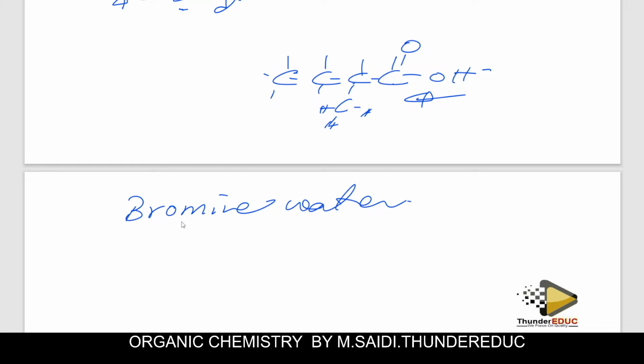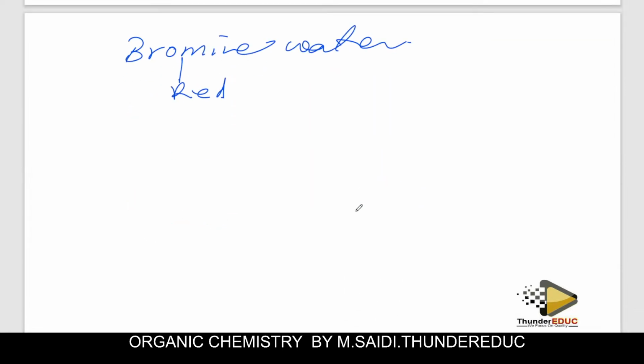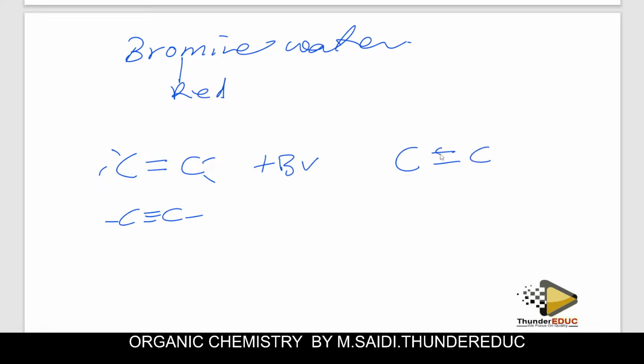But remember, bromine is red in color. You understand? So if you have an unsaturated compound like an alkene or alkyne, yes, then you add bromine, what's going to happen is this bond is going to break.